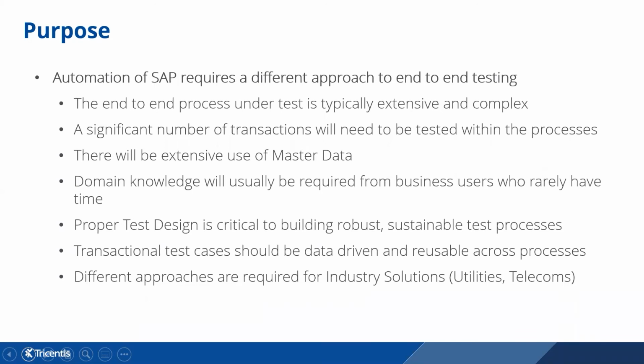So, for example, you may want to test the entire end-to-end process for purchasing things, going through procurement, going through sales, going through billing, going through dunning potentially at the end of the process. In the manual testing world, those will generally be 4 different people involved in an end-to-end test of that process. So the whole idea behind automation is to use that domain expertise to take those 4 pieces of knowledge and pull them together into one end-to-end test.